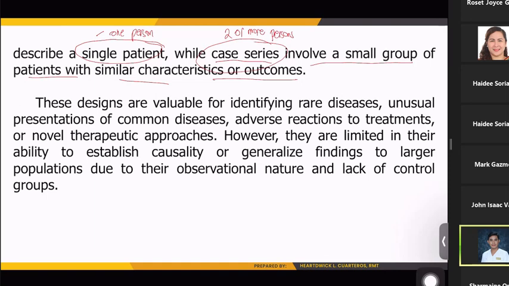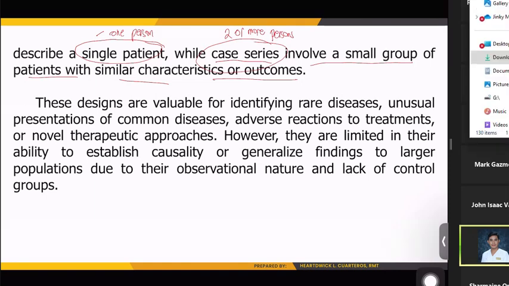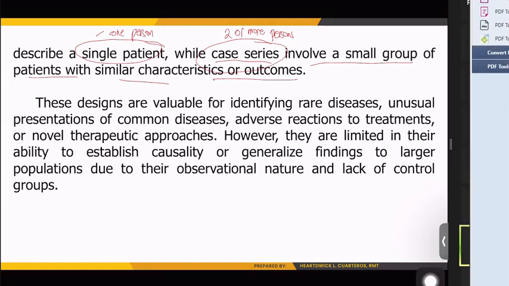Doon naman sa case series, okay, marites ka, pero apat na tao ang imamarites mo sa iba. Okay? You tell story to a group of people who have common issues, okay, or common patterns. Okay? So ganun po ang case series or case report. Ganun lang po siya kasimple.